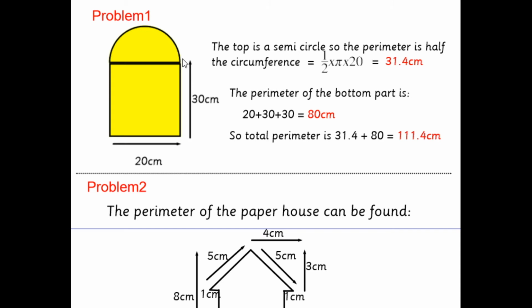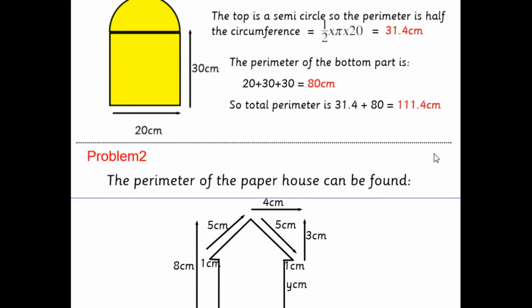So the perimeter is half the circumference of a circle, which is half of pi times the diameter, which is 20, which is 31.4 centimeters. The perimeter at the bottom is 20 plus 30 plus 30, which is 80 centimeters. So the total perimeter is 111.4 centimeters.